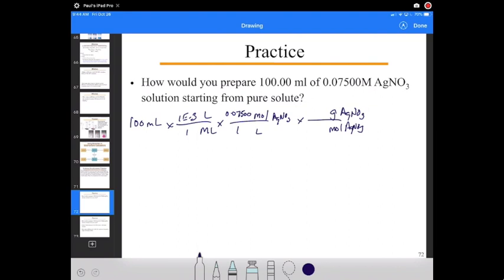That gives 169.88. Times 0.070 times... in this case, this is the number.